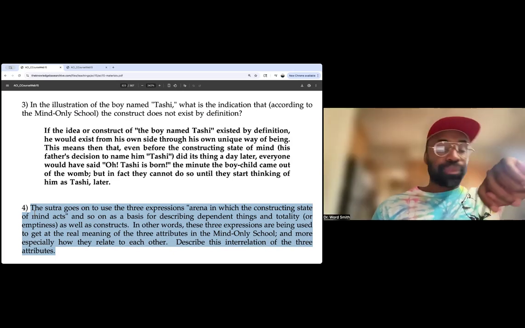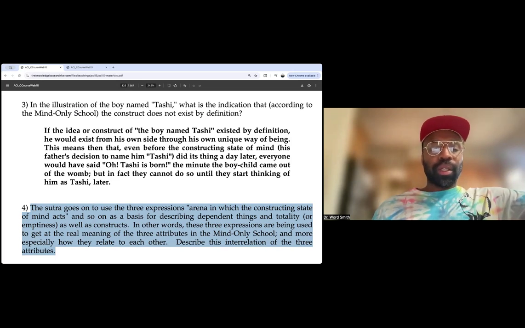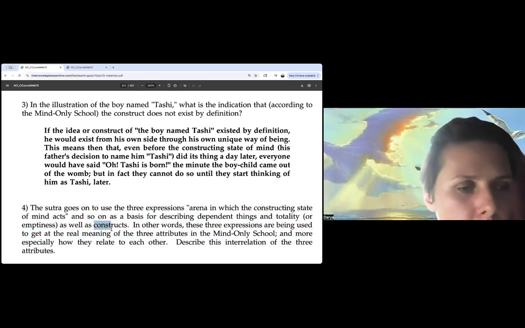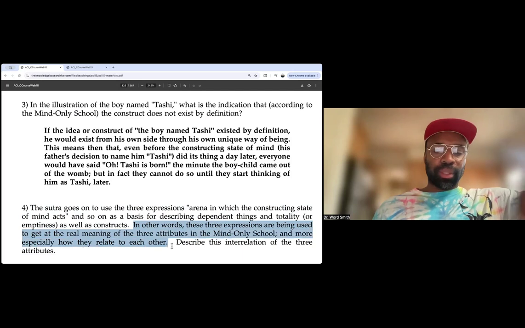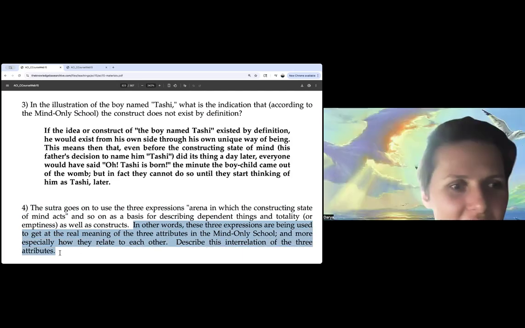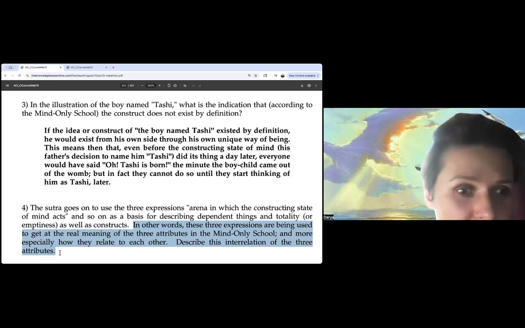In other words, the three expressions are being used to get at the real meaning of the three attributes in the mind-only school, and more especially how they relate to each other.